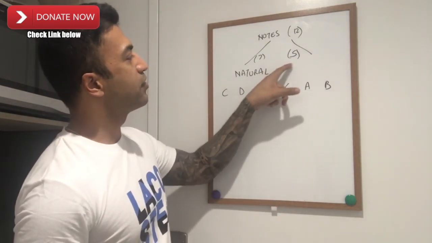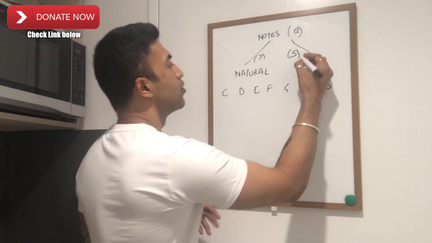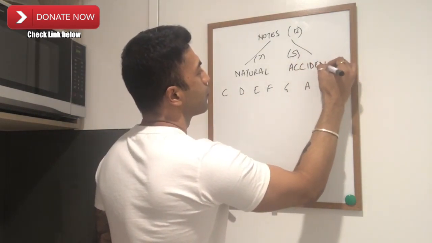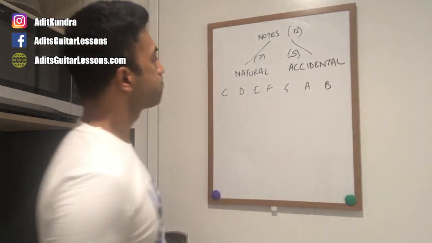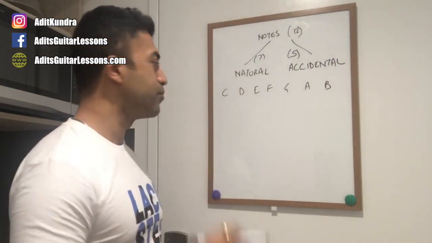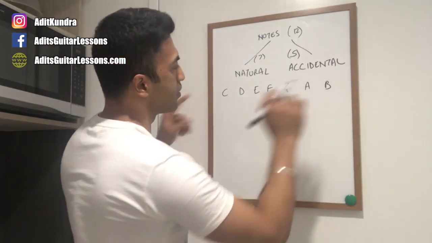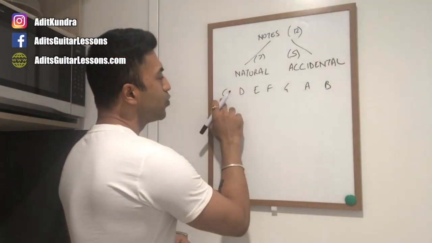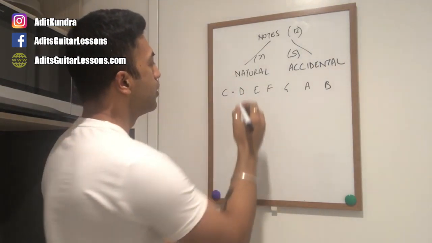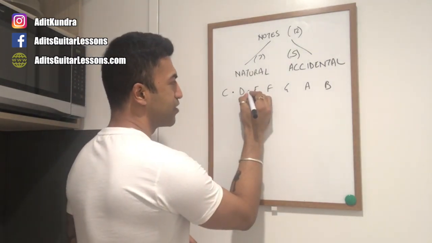But in addition to these 7, there happen to be 5 notes which are called accidentals. Now these accidentals have names as well, and I'll come to that. But let's look at these 7 natural notes. Between the C and a D, there happens to be one accidental. Between a D and E, there is an accidental.